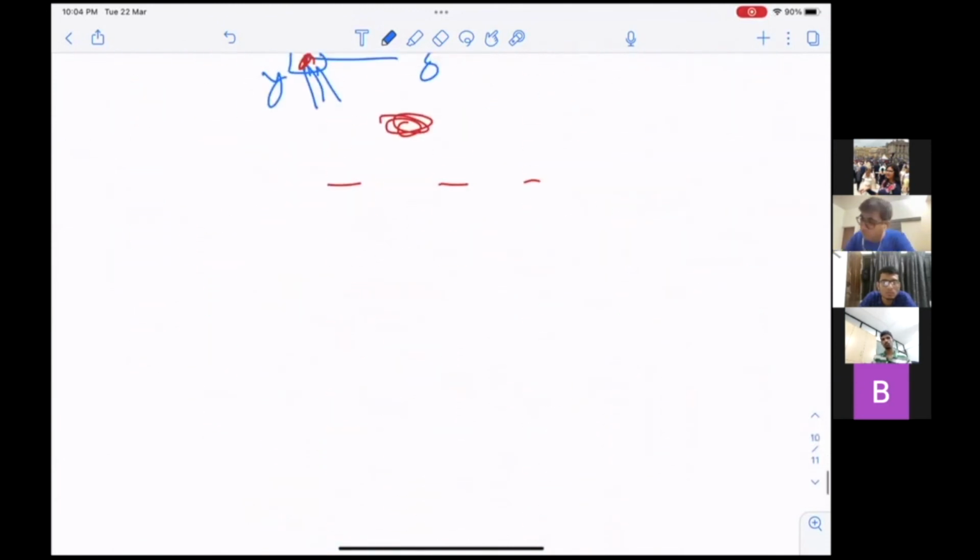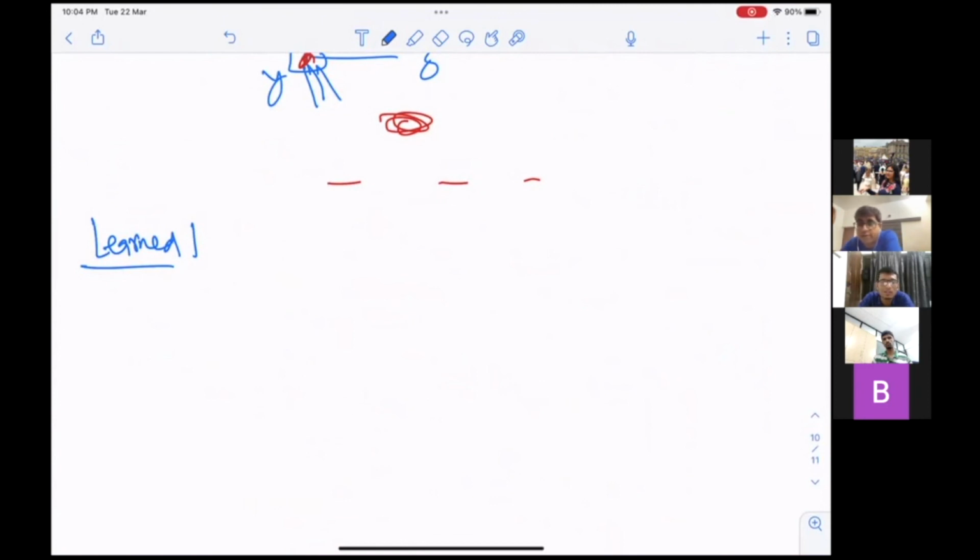So what did we learn? In this reduction, we are somehow missing the fact that YZ is not connected in the original graph.